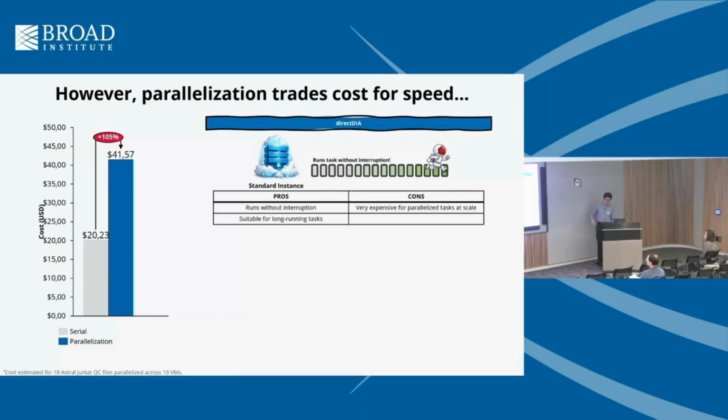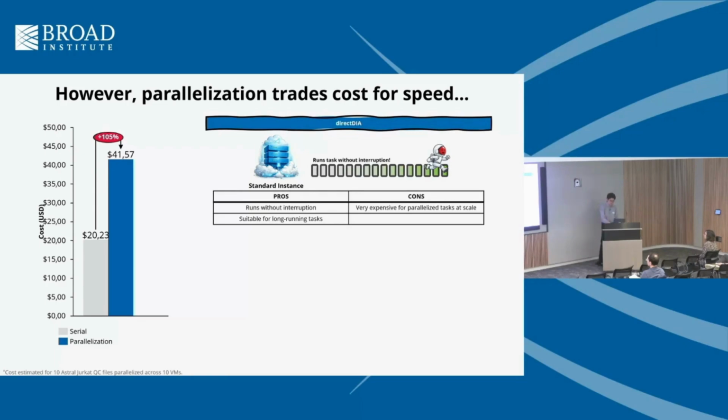This is because the standard cloud infrastructure we used to run directDIA on, the standard instances, becomes very expensive when you're distributing tasks to individual VMs. Instead of starting one virtual machine, now you're starting hundreds of virtual machines.